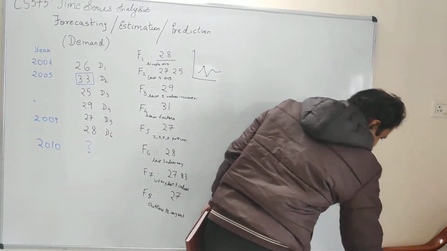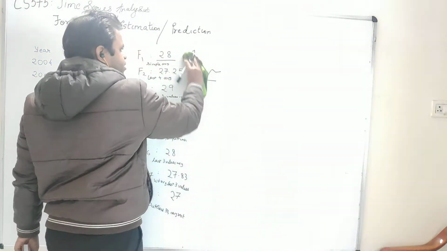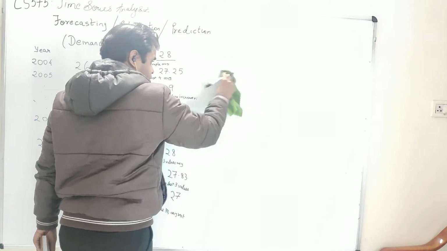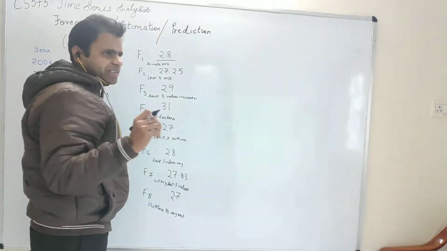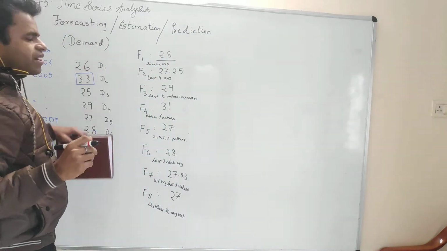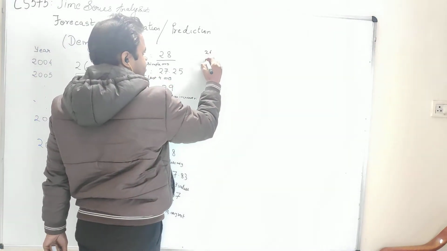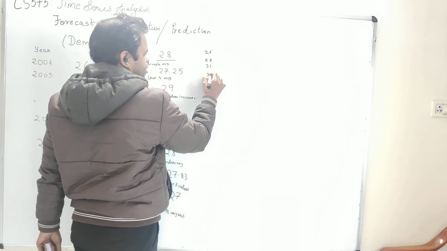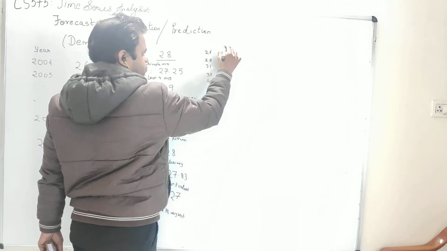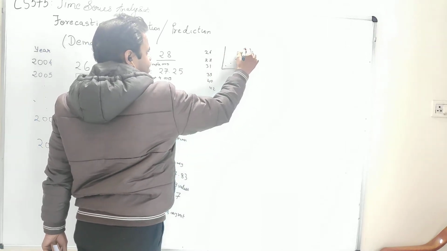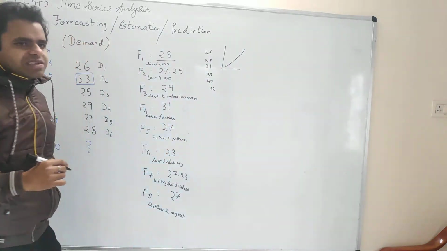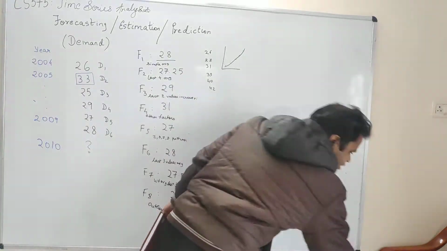So when you get such points and you see there is no trend, for example, if the points were like this, 26, 27, 31, 33, 40, 42, you would see an increasing trend, which is not the case in our data.